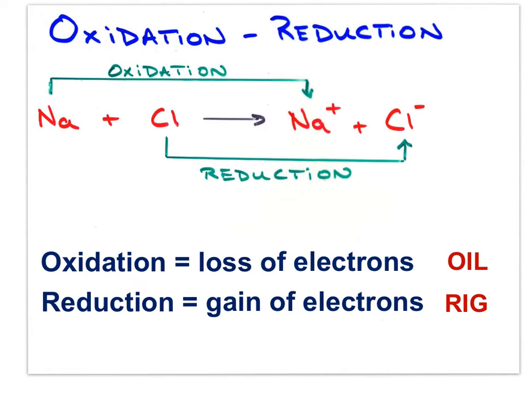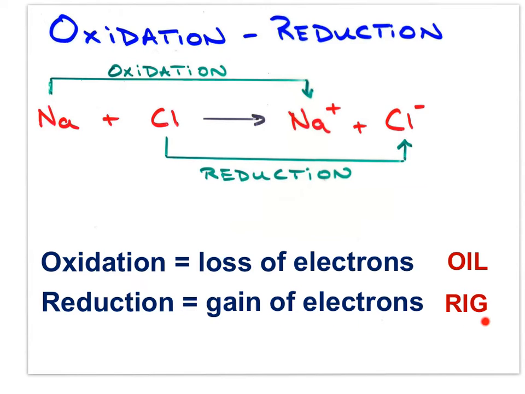Reduction is the event when a molecule gains an electron. When chlorine gains an electron to become negatively charged, chlorine has been reduced, reduction has occurred. Oxidation is the loss of electrons. Oxidation is loss. Reduction is the gain of electrons.